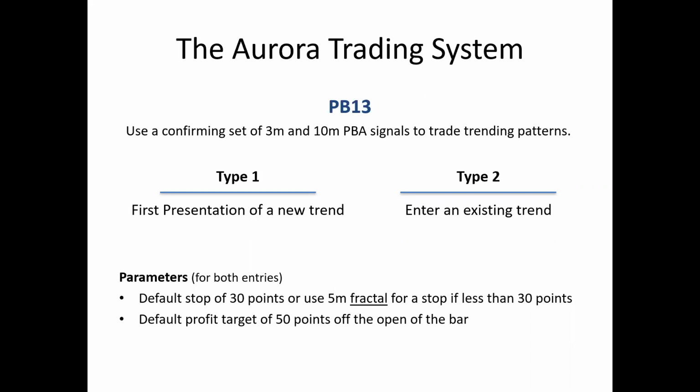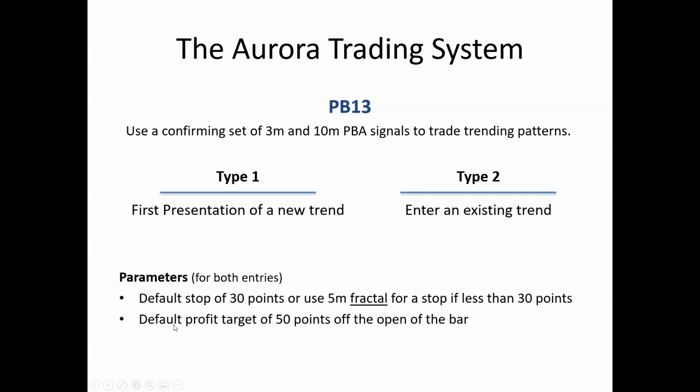If that allows us to have a stop that is less than 30 points, that is where we're going to put our stop. So the default is 30 points, but if we can lower our risk below 30 points by using a 5-minute fractal, then we're going to adjust our stop to the 5-minute fractal.